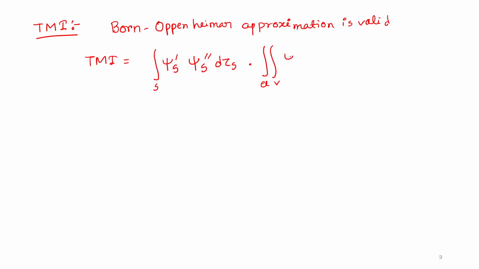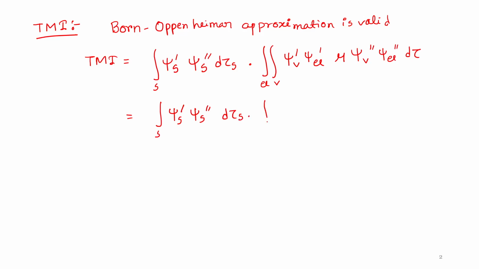So I will first write them together: psi_v' psi_e' mu psi_e'' psi_v'' d tau. We can also write it in terms of vibronic states. When the Born-Oppenheimer approximation is valid, we can write it like this.